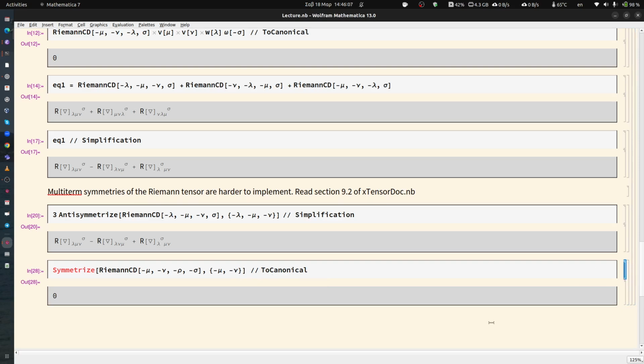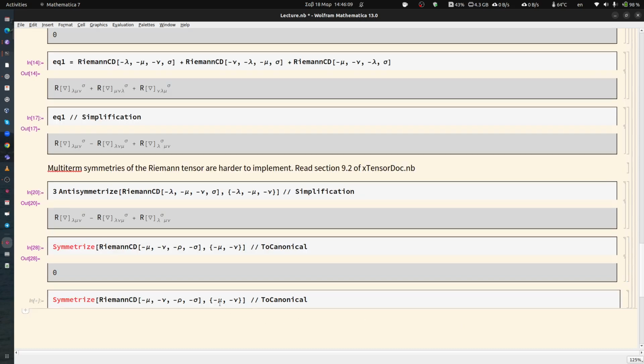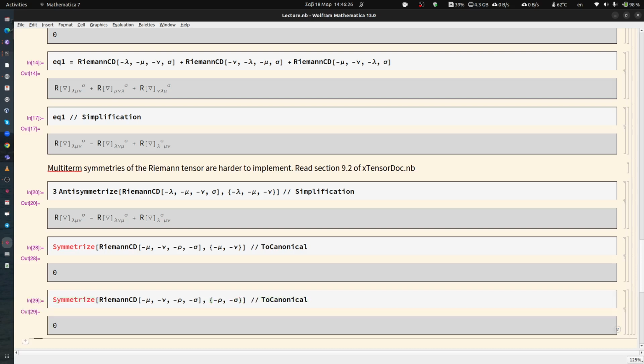And the same result will be obtained if we antisymmetrize with respect to the last two indices. Again, this is equal to 0.